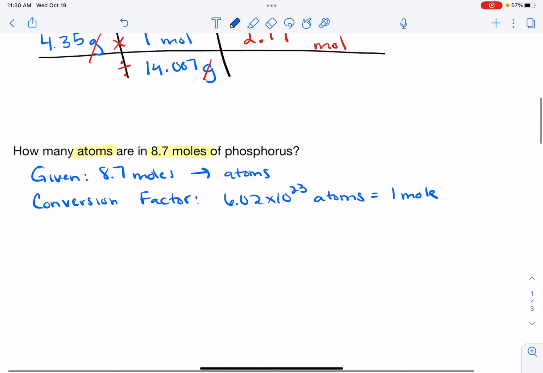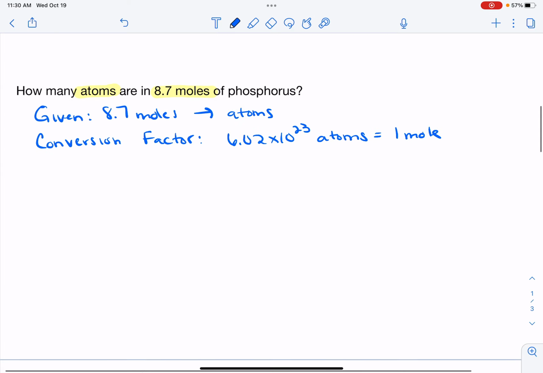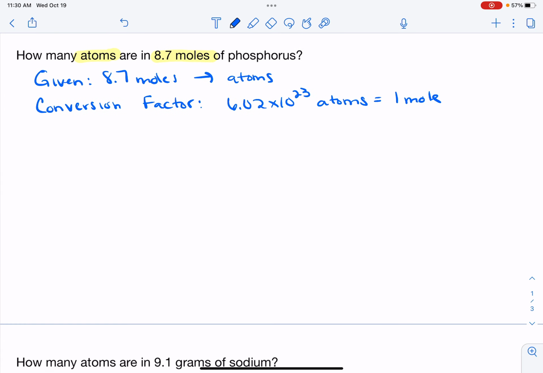If you're given different elements and you have something with grams, you have to look at the periodic table to figure out the molar mass, and that's going to be different for elements. But in these kind of problems where there's nothing about grams, you don't look at that periodic table at all, you just know that 6.02 times 10 to the 23rd atoms equals 1 mole.